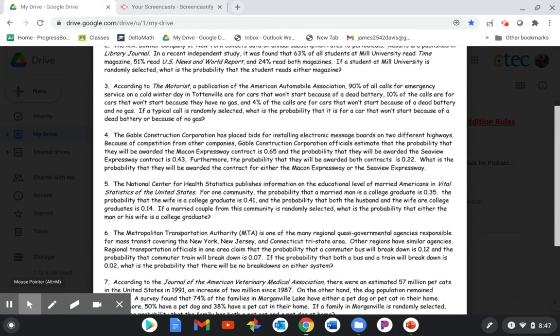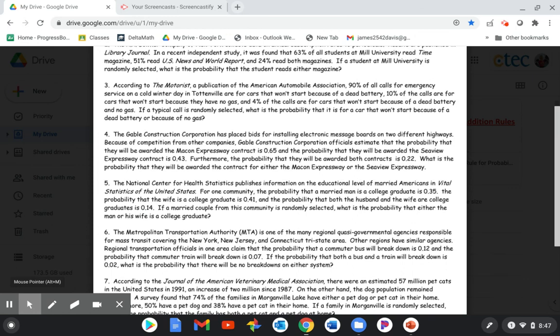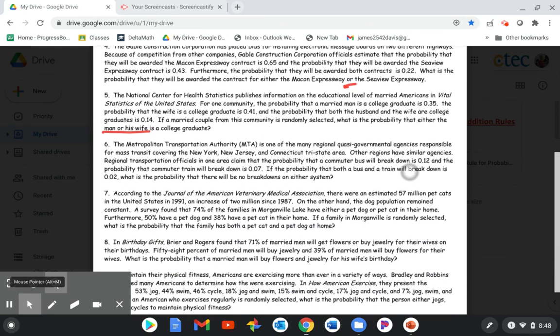Then 2, 3, 4, 5, these are just going to be or probability. So this is either, which means or, right? This one, dead battery or no gas. Number 4, Macon Expressway or Seaview Expressway. Number 5, probability that either man or his wife is a college graduate.